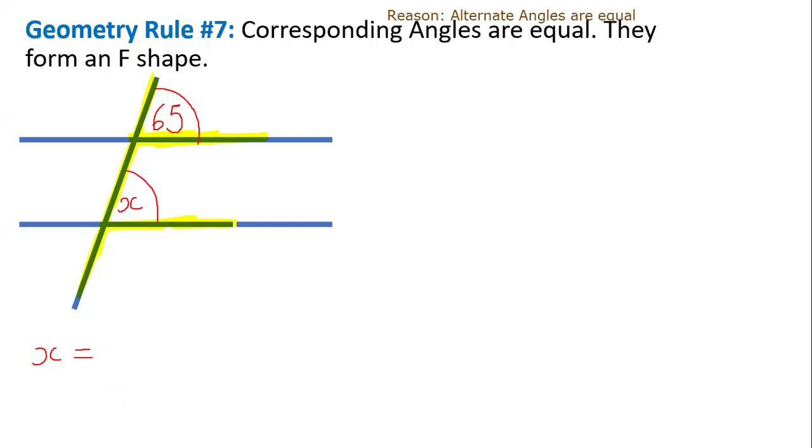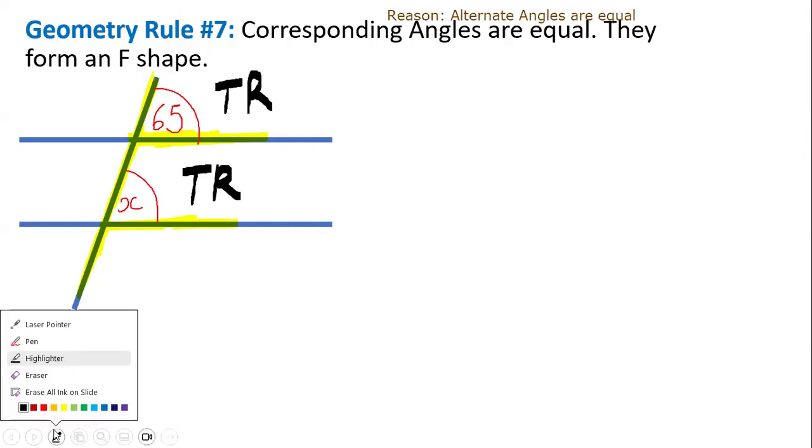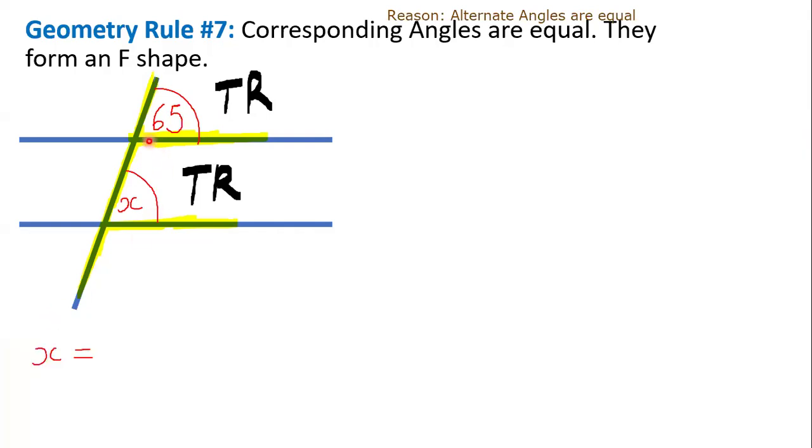So that's how you know that they are equal, because they form an F shape. And the trick is that this one is at the top right, and this one is at the top what? The top left. Think about it. This 65 is on top of this line, but it's to the right of this line.